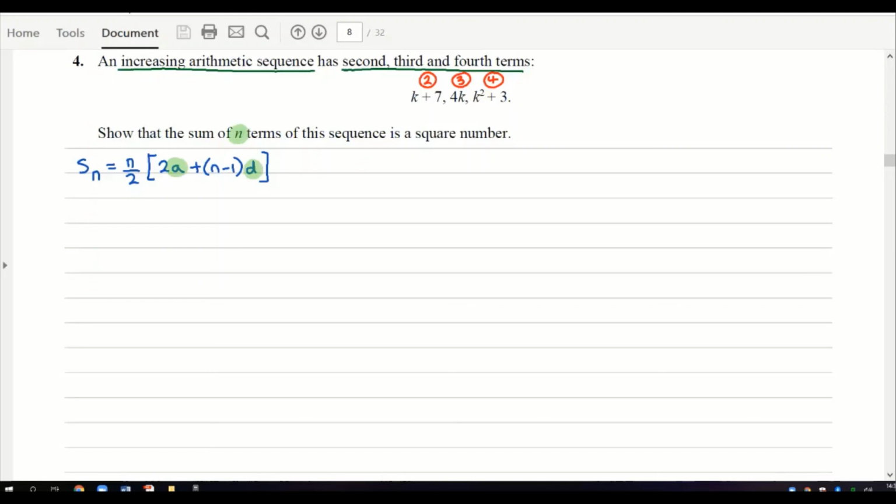We don't actually have a representative in terms of k for the first term. We only have the second, third, and fourth terms, but we can find d using this, and we've used this technique a few times already. So remember, to get from the second to the third term, I'm adding the common difference. To get from the third to the fourth term, I'm also adding the same common difference. Okay, so first job, let's find d.